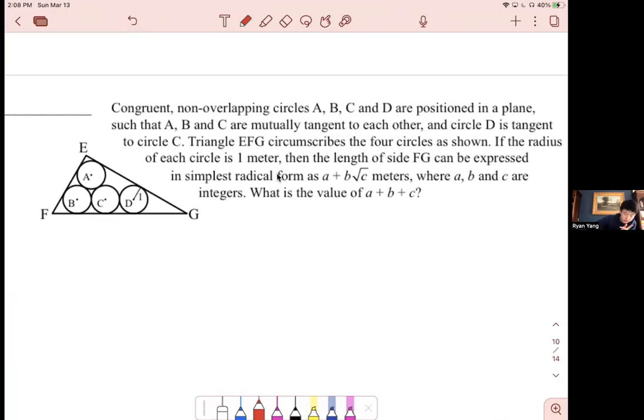So I take slight issue with this problem statement because you're supposed to be able to construct the diagram even without seeing an example of it. I should just be able to make it based on the text.